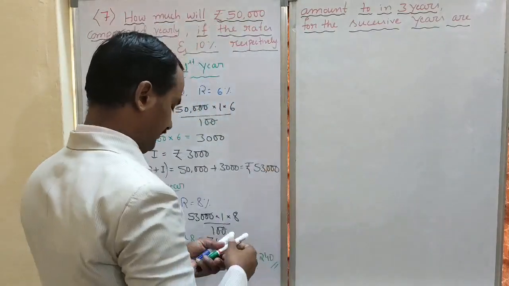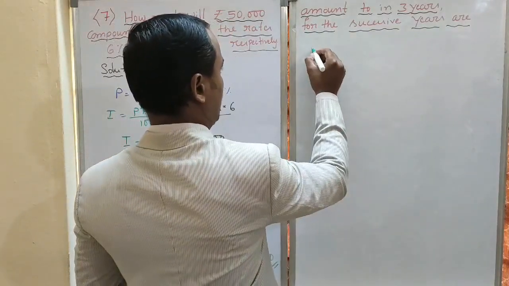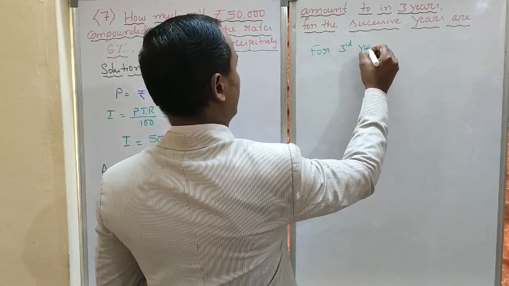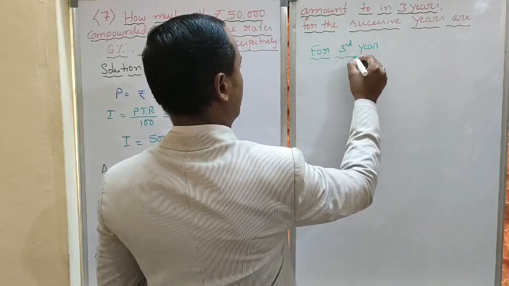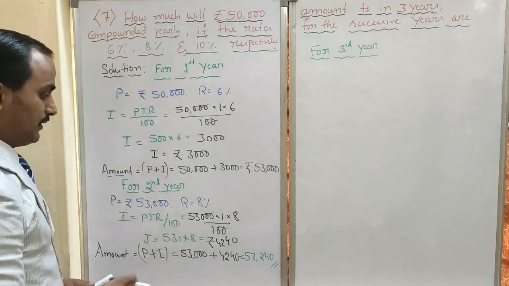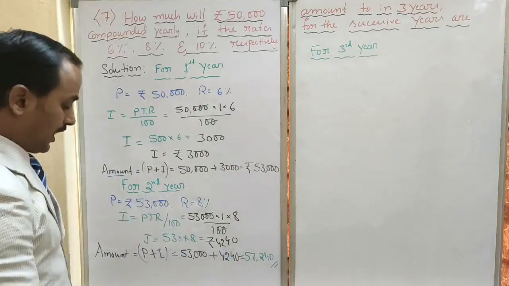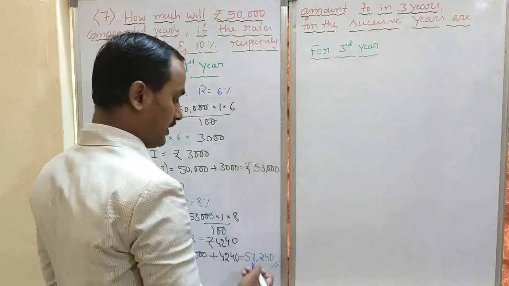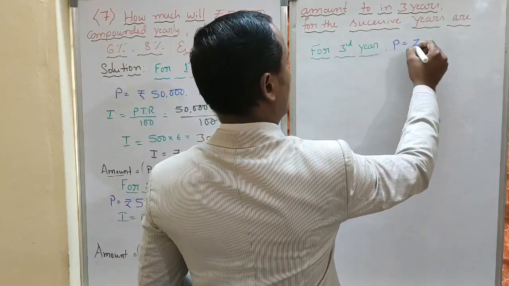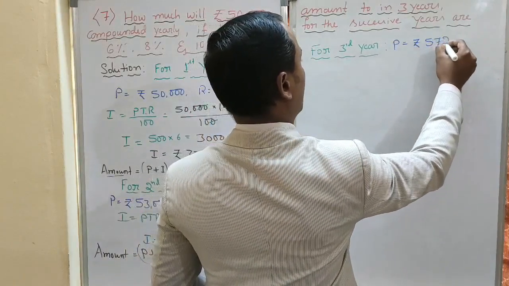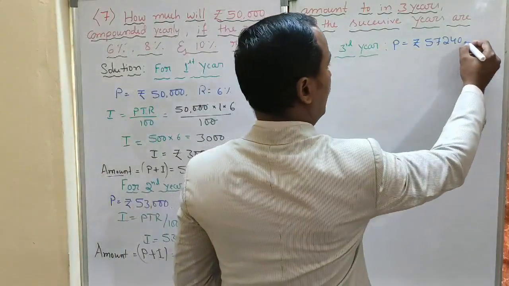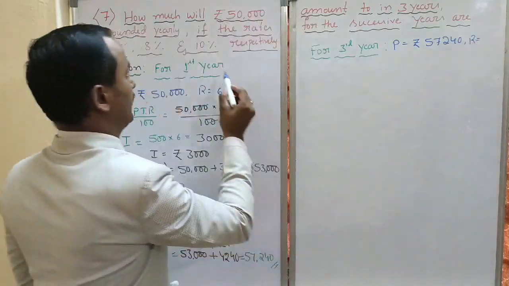For the third year, the principal is the amount at the end of the second year, that is 57,240. Is it right? 57,240. Then the rate of interest for the third year is 10%.